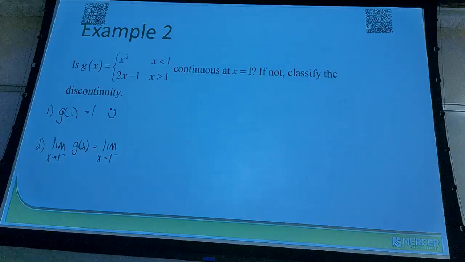Left-handed limit. What piece? It's the parabola, x squared. Why? Because x is less than 1. Approaching from the left, values are less than 1, right? What's that limit? 1.